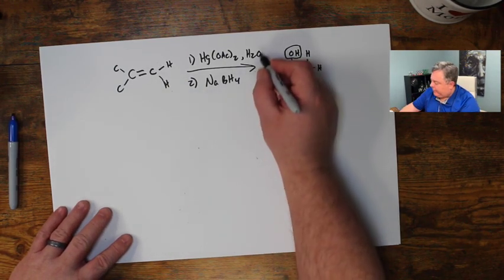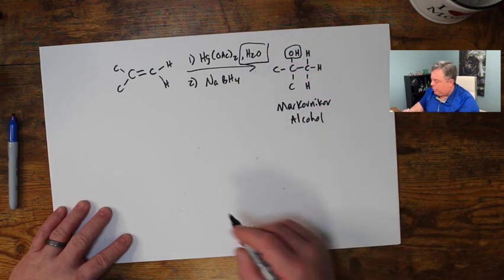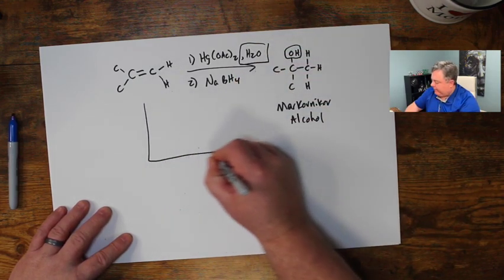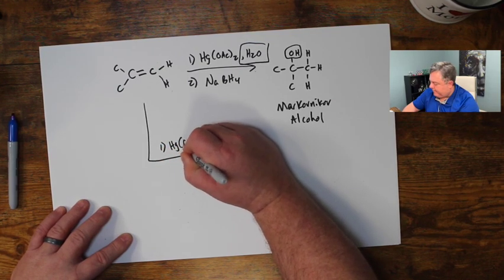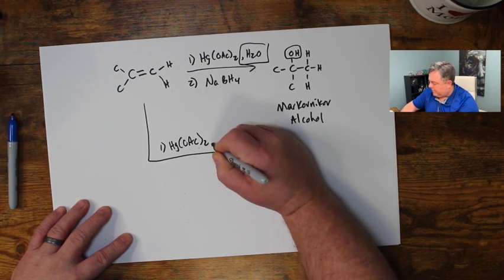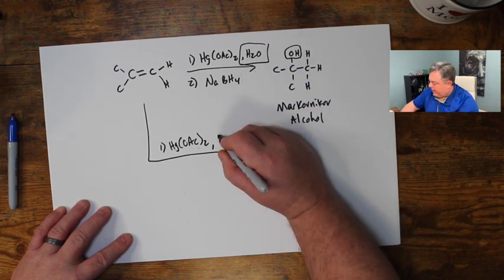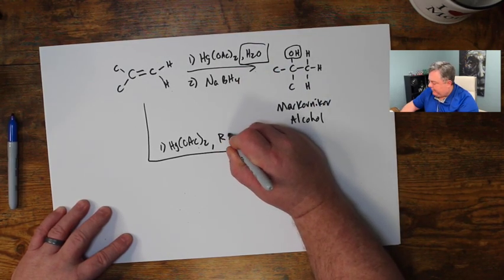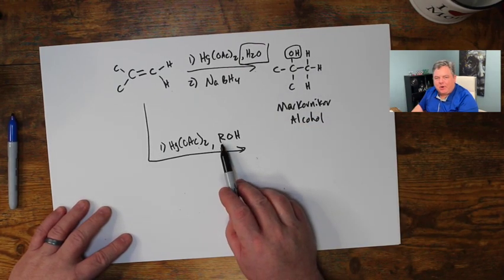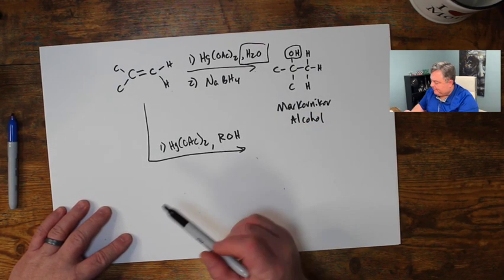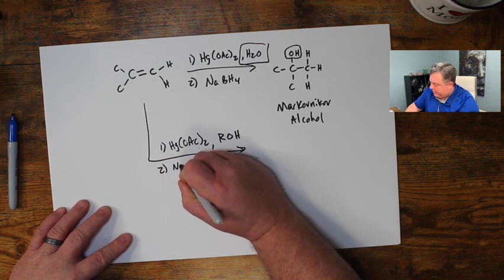I want to remind you that you don't have to run this reaction in water. If I do the same reaction with mercuric acetate, but instead of water, I add, let's pick an alcohol as my solvent. So it might be methanol, ethanol, whatever, followed by sodium borohydride.